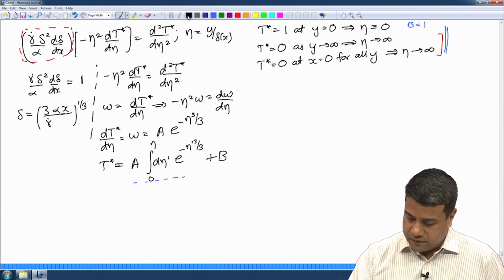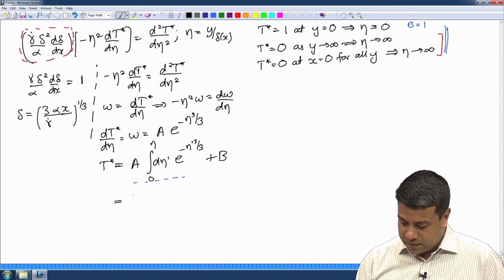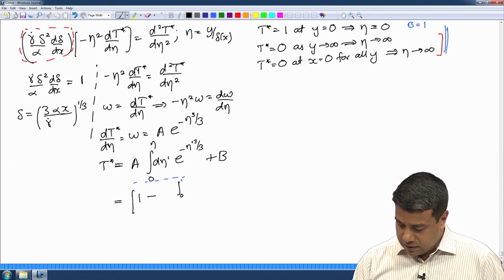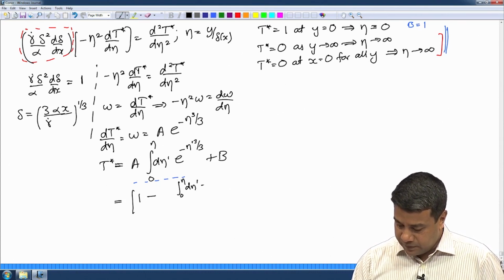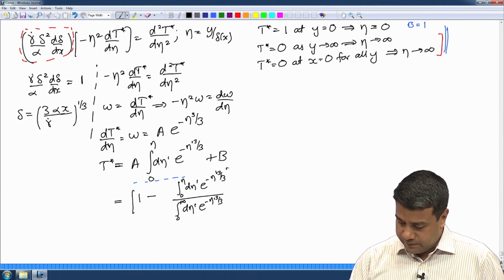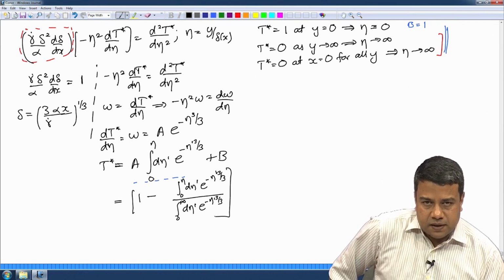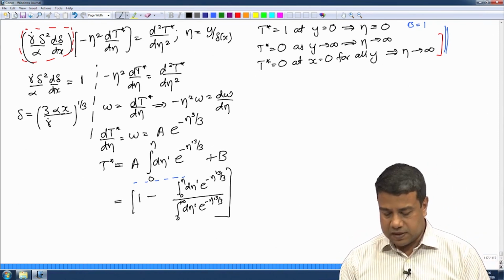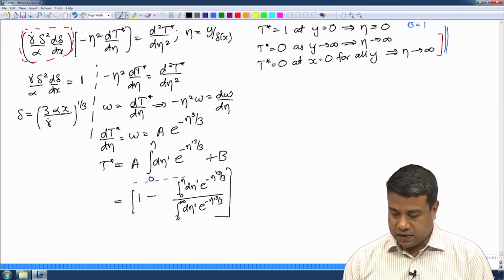Therefore, you will get a temperature of the form 1 minus the integral 0 to eta d eta prime e power minus eta prime cubed by 3, divided by the integral 0 to infinity. That will be the temperature which satisfies both boundary conditions. At infinity it is 0, at 0 it is 1.